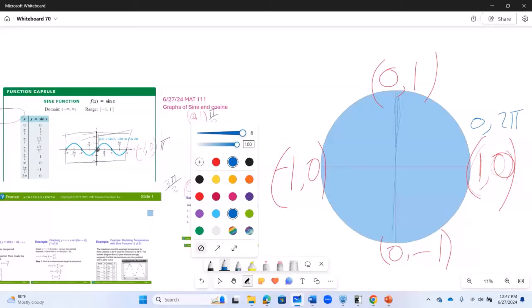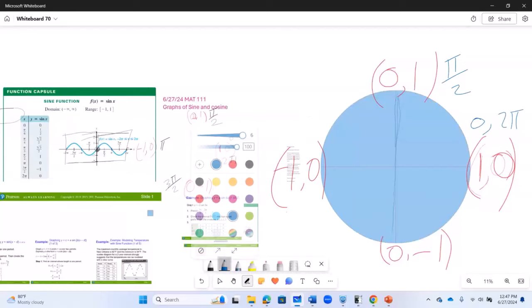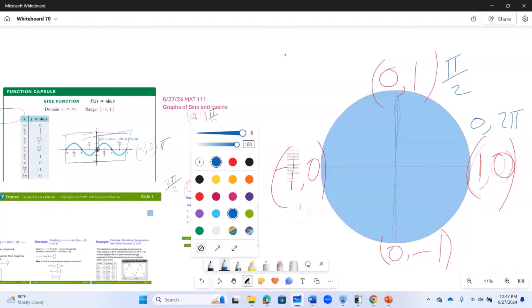All right, so now we are at 90 degrees, which is pi over 2. We are at 180 right here, that is pi. And 3 pi over 2 is 270.